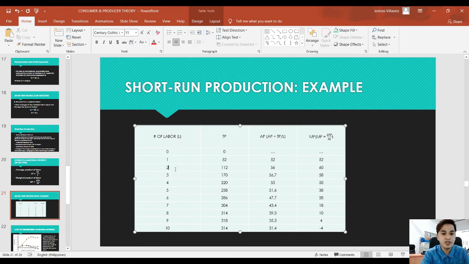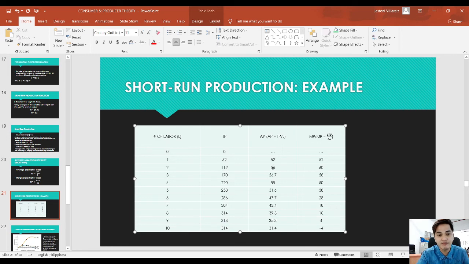Now, you, the business owner, would like to increase your productivity and lessen the customer complaints. So you add another waiter, from one waiter to two waiters, and your productivity becomes efficient. Productivity increases from 52 to 112, and your average product increases from 52 to 56.